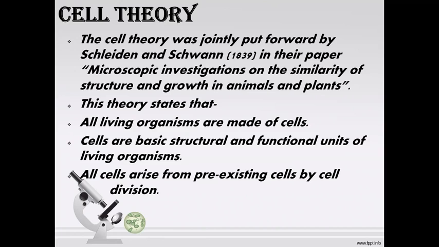Cells are basic structural and functional units of living organisms, and all cells arise from pre-existing cells by the method of cell division. So lastly, students, we can conclude that cell is the fundamental unit of structure and function in all the living organisms, or all living organisms are made up of cells.